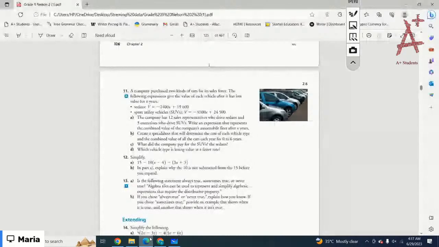Then B is create a spreadsheet that will determine the cost of each vehicle type and the combined value for the years 0 to 6. What did the company pay for the SUVs and the sedans? Which vehicle type is losing value at a faster rate?